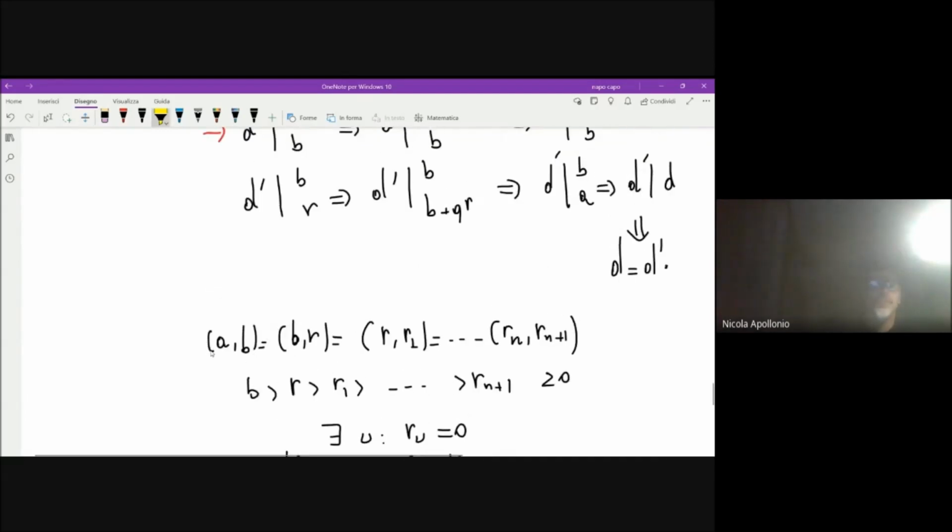So if you are looking for the greatest common divisor of A and B, just look for the greatest common divisor of B and R. But now you are in the same situation as the original question.